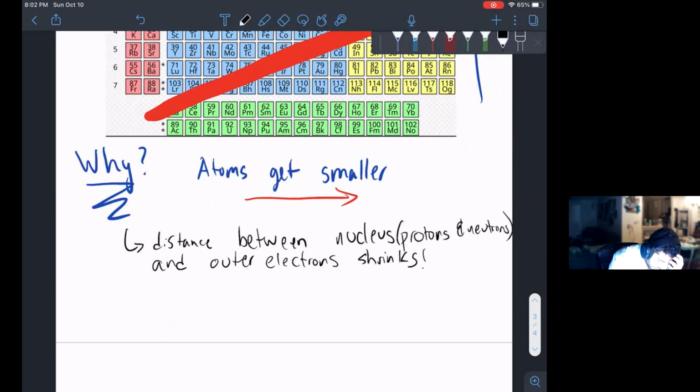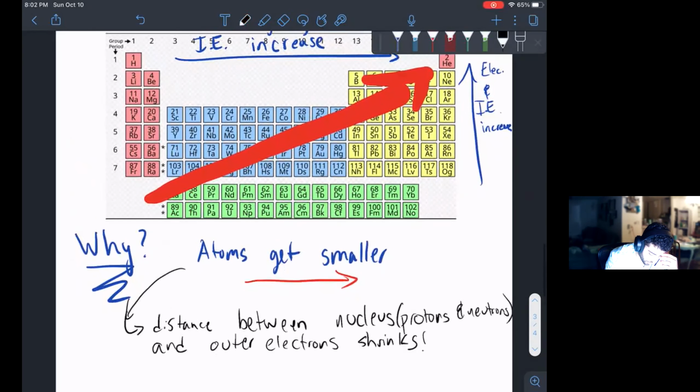So as the atoms get smaller, the distance between the nucleus and outer electrons shrinks.